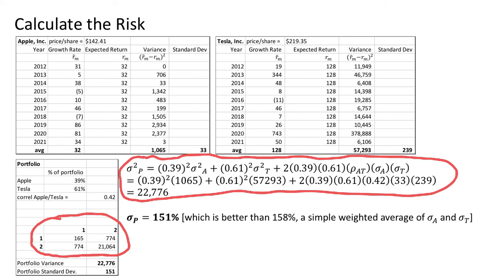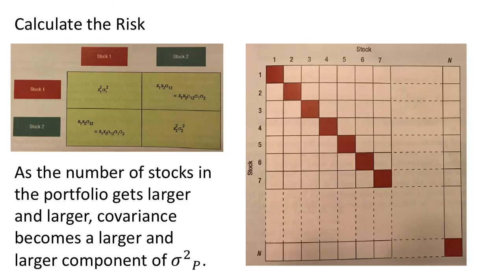However, because of the diversification benefits of diversifying across two stocks in two different industries, it turns out that our standard deviation for our portfolio is only 151%, or 7 percentage points lower than a simple arithmetic average.